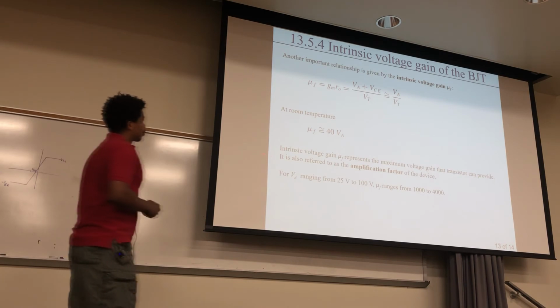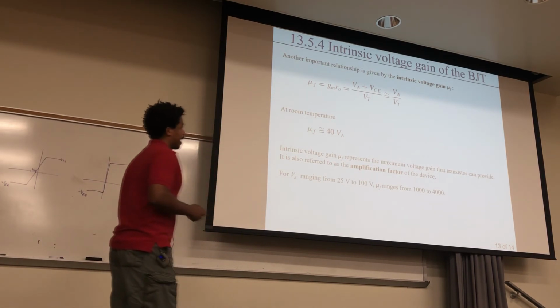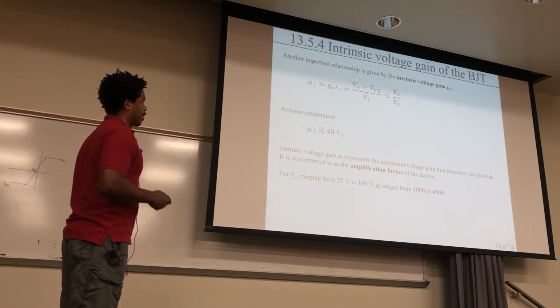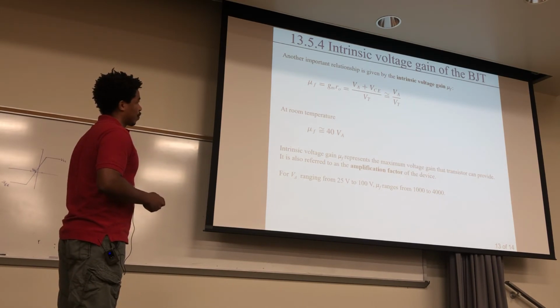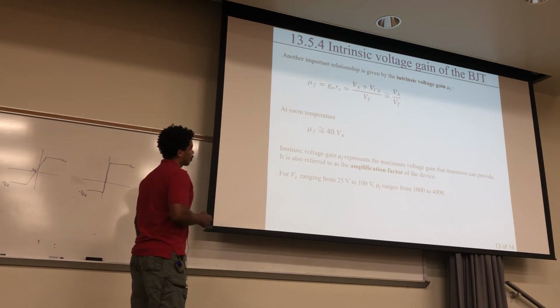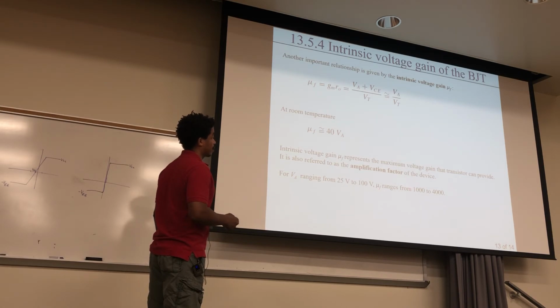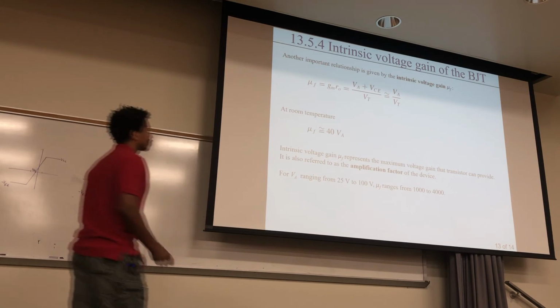The intrinsic voltage gain, mu f, represents the maximum voltage gain that a transistor can provide. It's also referred to as the amplification factor of the device. For example, for an early voltage ranging from 25 volts to about 100 volts, this mu f amplification factor ranges from 1,000 to 4,000. So that's pretty huge.